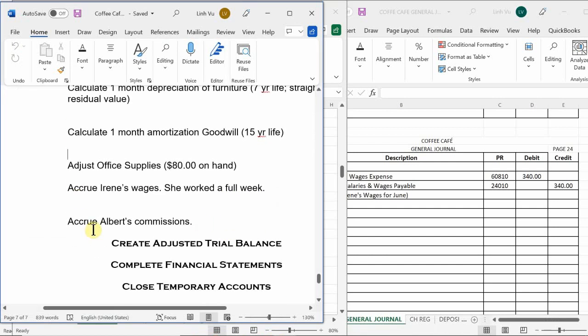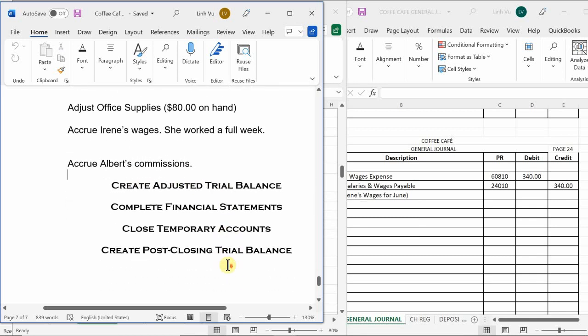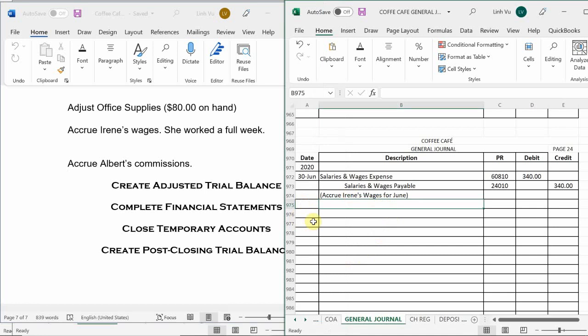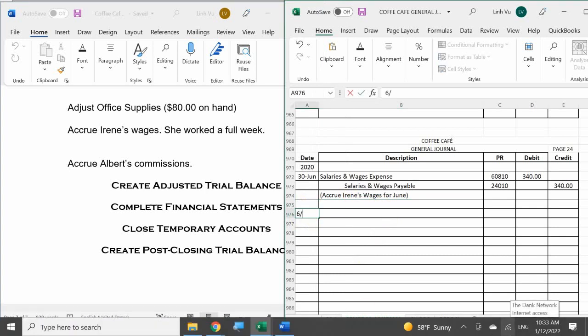Last transaction is we also need to accrue for Albert's commissions. So in this case, Albert's commissions, right? If we are just accruing, we're not paying Albert just yet. It's going to be similar accounts. We're going to recognize that we have the expense for the month of June, but because we're not paying Albert now, we're going to pay him later. We're going to use commissions payable.